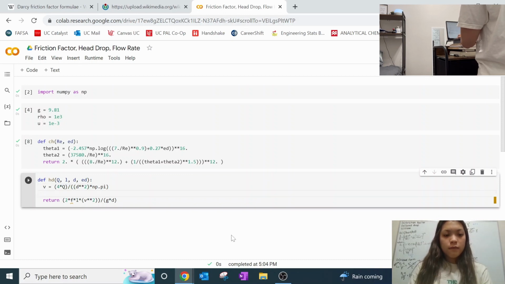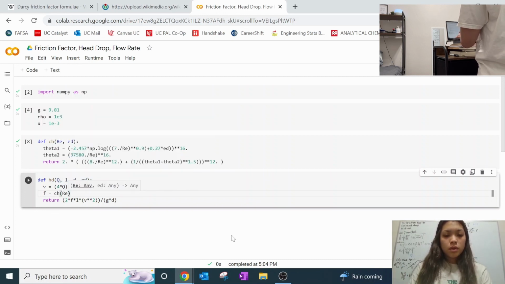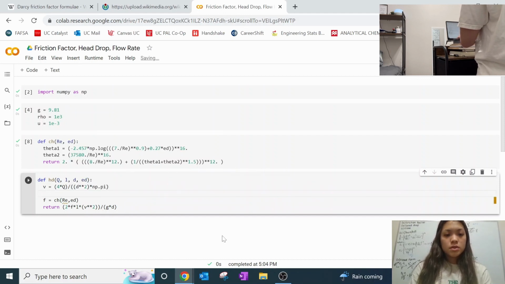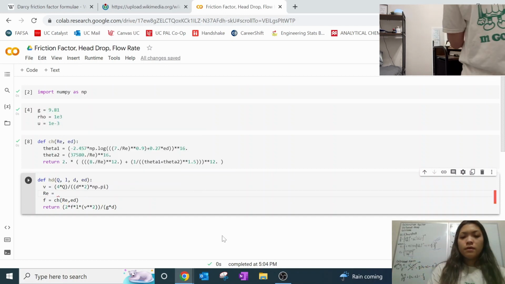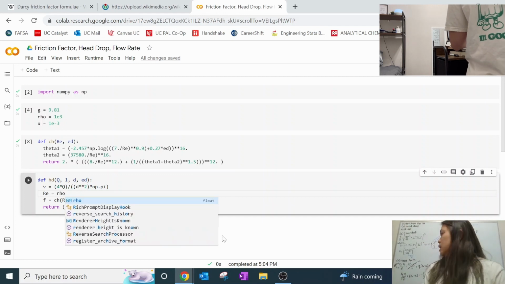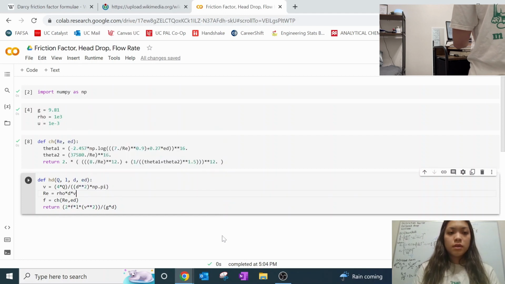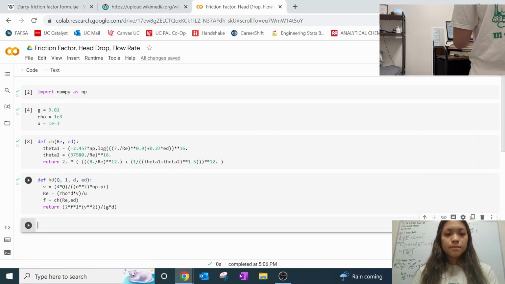And then we have the friction factor, which is the Churchill function that we defined earlier with Reynolds number and the roughness of the pipes. And so Reynolds number, I wrote it over here, is defined as the viscosity, or excuse me, the density times the diameter times the velocity divided by the viscosity. So if we shift enter, that should work.